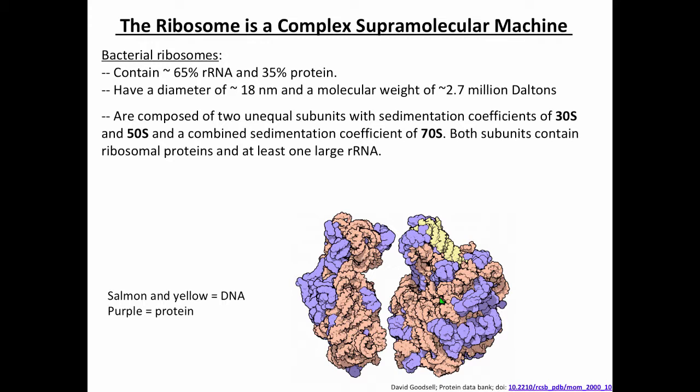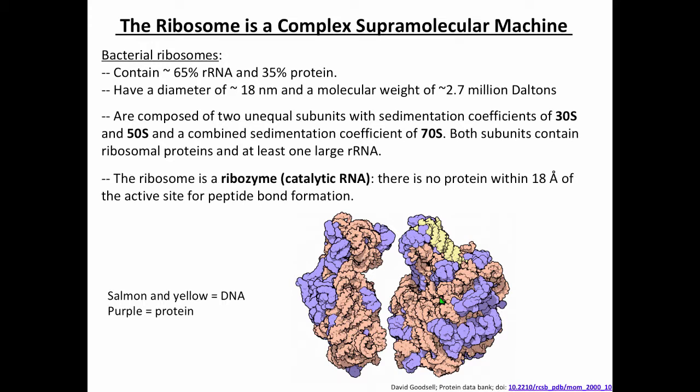So it's composed of these two different subunits that are called 30S and 50S. Those are what's called a sedimentation coefficient. It's a way to have a handle on the size of the subunits. And then when combined together, the two subunits form what's called a 70S subunit, or 70S complex. And both subunits have all of these different ribosomal proteins and at least one large RNA, or rRNA.